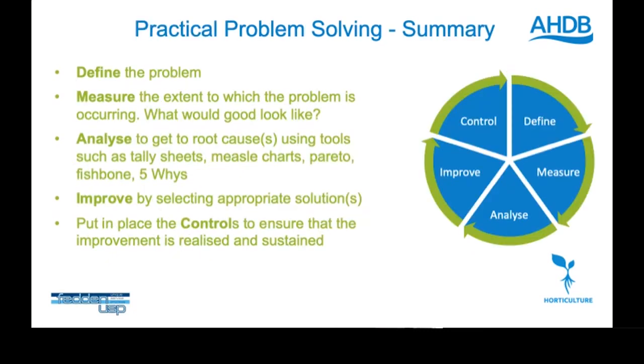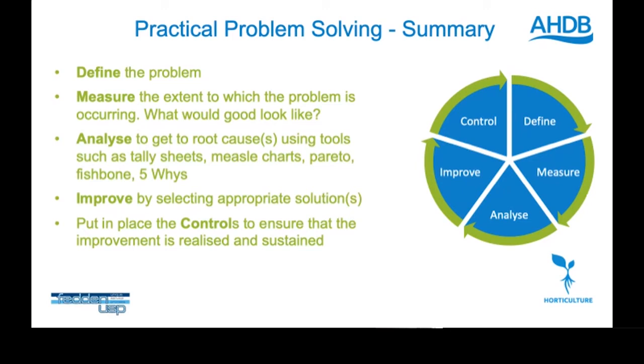We talked as part of module 3 about how you go about problem solving, and we use a technique called DMAIC, which comes from a branch of Lean called Six Sigma, very closely aligned, which is very much focused on problem solving of quality issues, so reducing the amount of variation within a process.